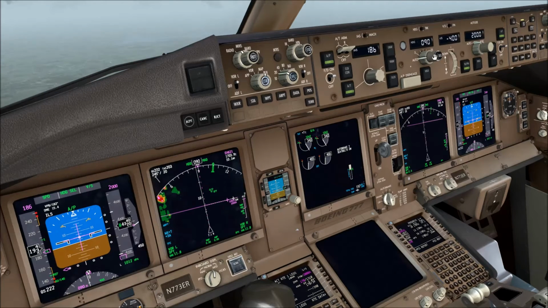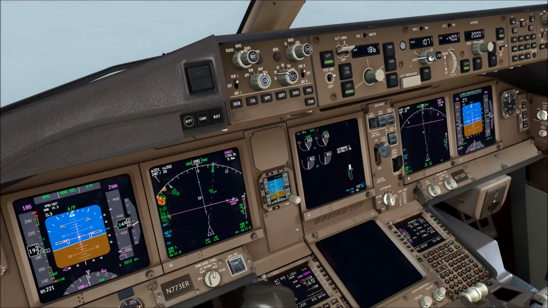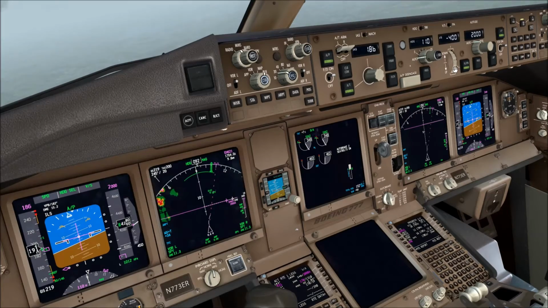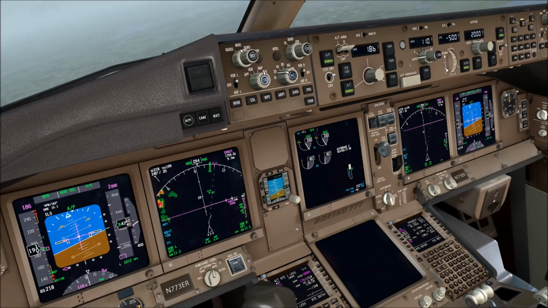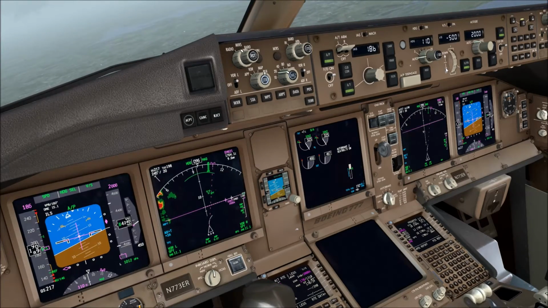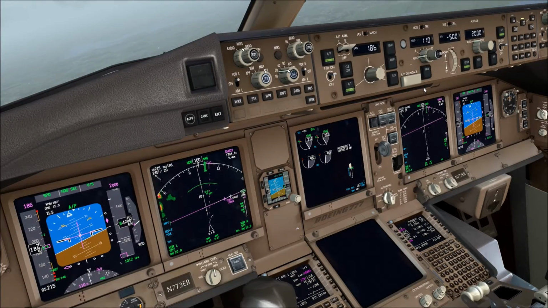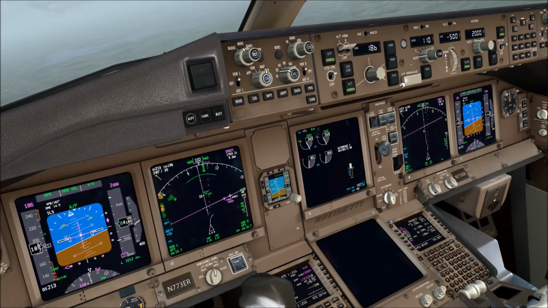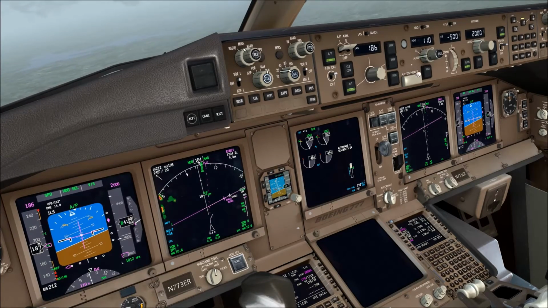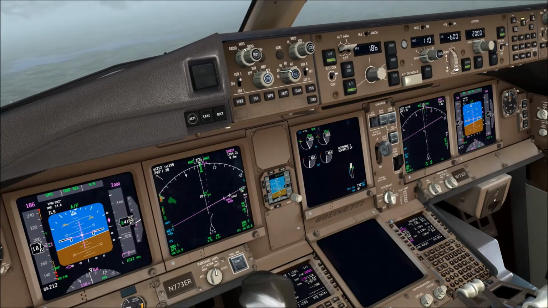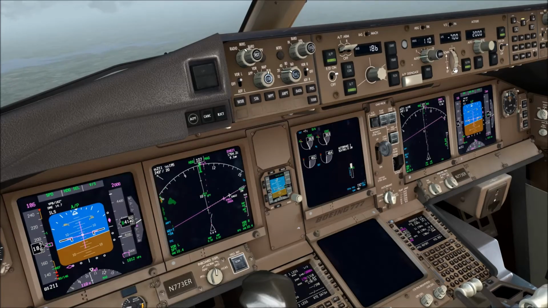So to fly a Cat 3 Alpha, a Cat 3 Bravo approach, you need to do an Autoland. It is compulsory. Also, some airports are only equipped with ILS Cat 2 approach with decision height of 100 feet radio and an RVR of about 350 meters, depending on the operator's requirements.